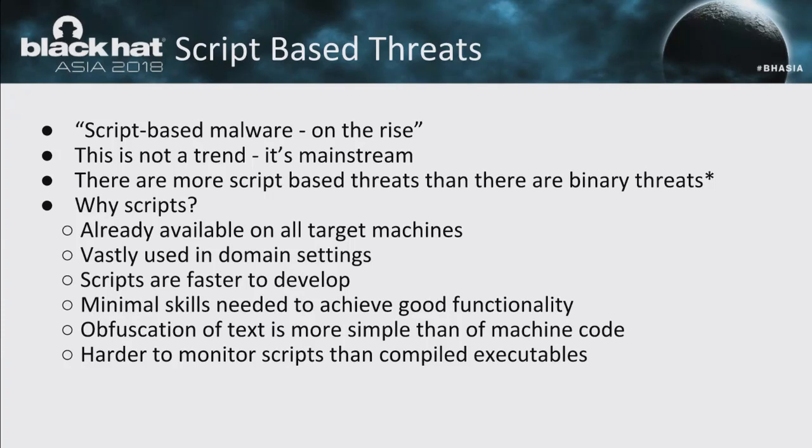Now, another reason that they choose to use scripts is that scripts are text, and text is easier to obfuscate than machine code. And empirically, antiviruses and security products have had trouble monitoring scripts compared to natively compiled code.